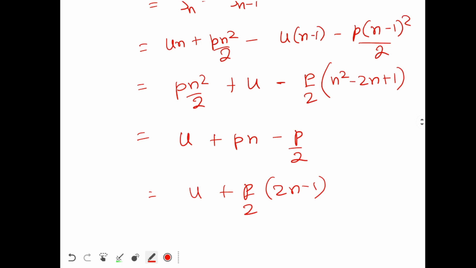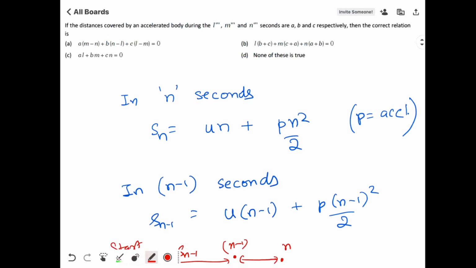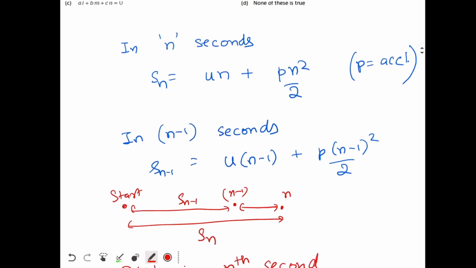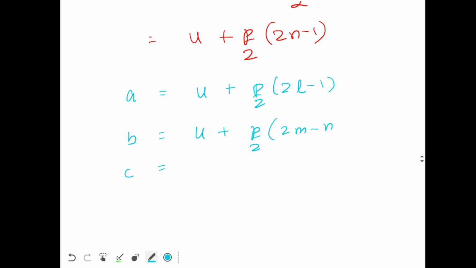Now according to the question, in the lth, mth and nth seconds, displacements are a, b and c. So a is u plus p by 2 times 2l minus 1, b is u plus p by 2 times 2m minus 1, and c is u plus p by 2 times 2n minus 1.